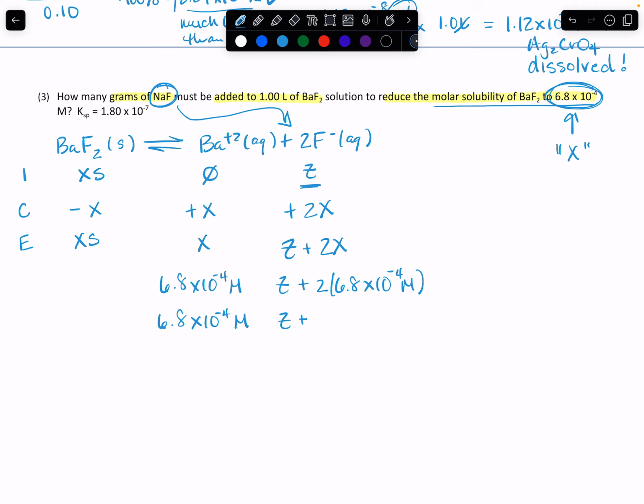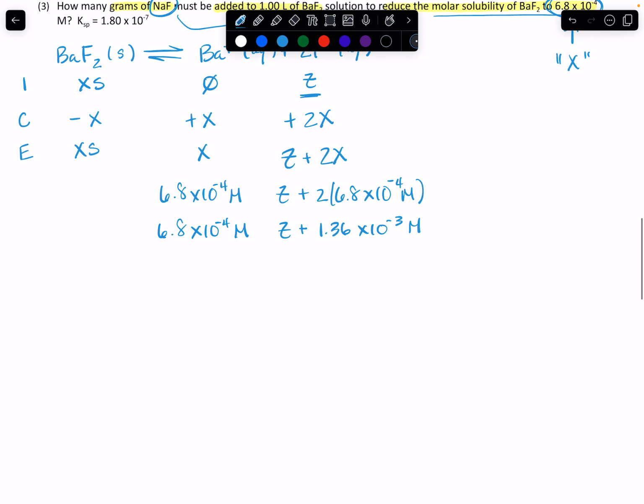So what is that? 1.36 times 10 to the negative third molar. All right. So then I'm going to take those two values and plug them into my KSP expression.